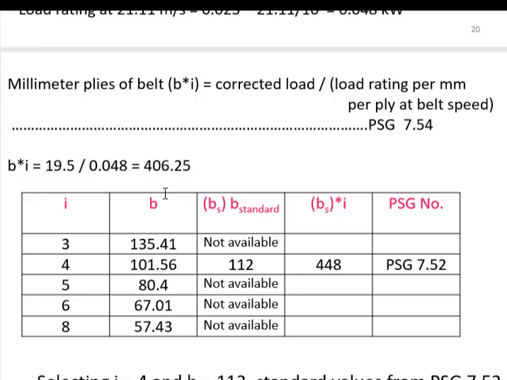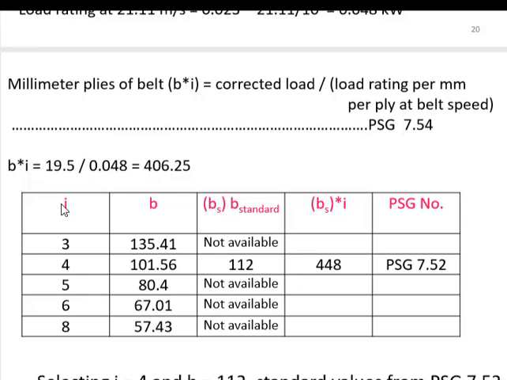Now we know this equation and we have calculated the value of B, but we know I is known as number of plies. So when I is equal to 3, B is 135.41 when we substitute in this equation. When I is equal to 4, when we put in this particular equation, it turns out to be 101.56. When I is equal to 5, when substituted in this equation, the B value comes around 80.4, and so on.